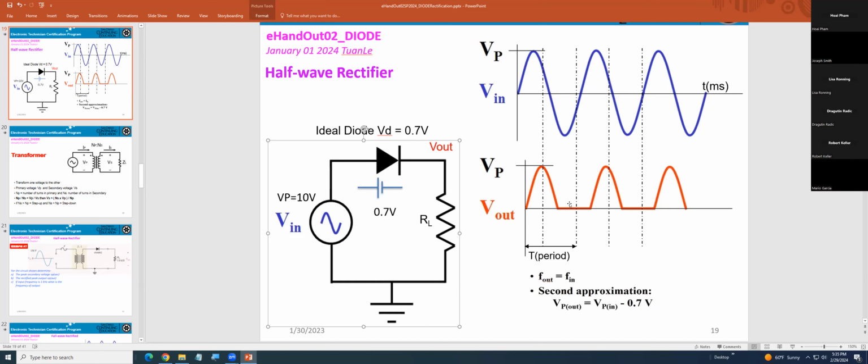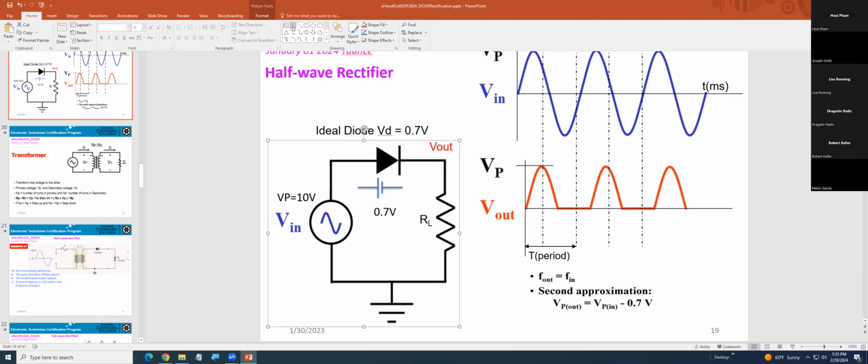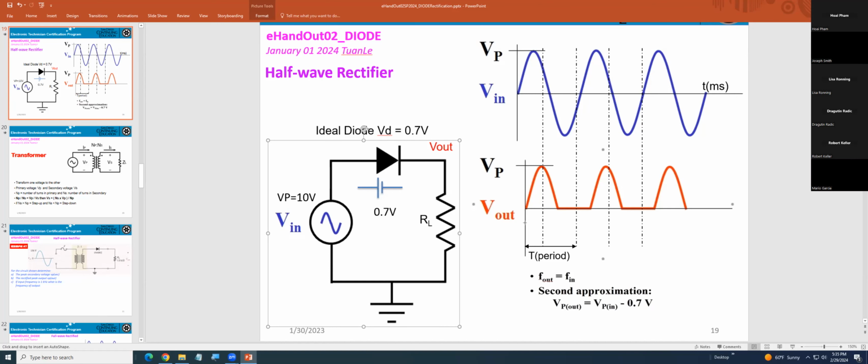So that's why V out will be 0. And now, if you consider VD 0.7 as the battery, positive on this side, negative on this side, then the output will be minus 0.7.